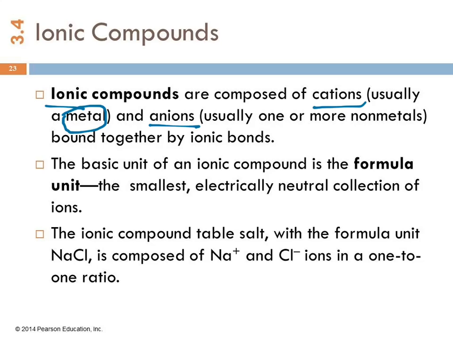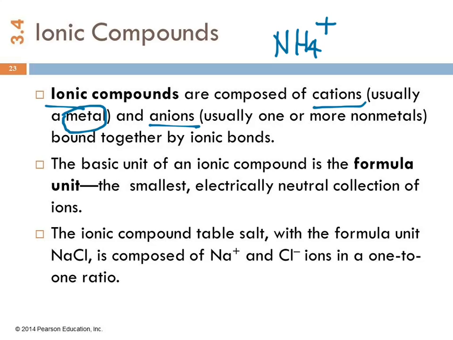Can anybody think of a cation that is not a metal? It's polyatomic. Ammonium, NH4 plus, is a cation that does not contain a metal. But if you see a metal, then you can pretty much assume it's going to be an ionic compound.